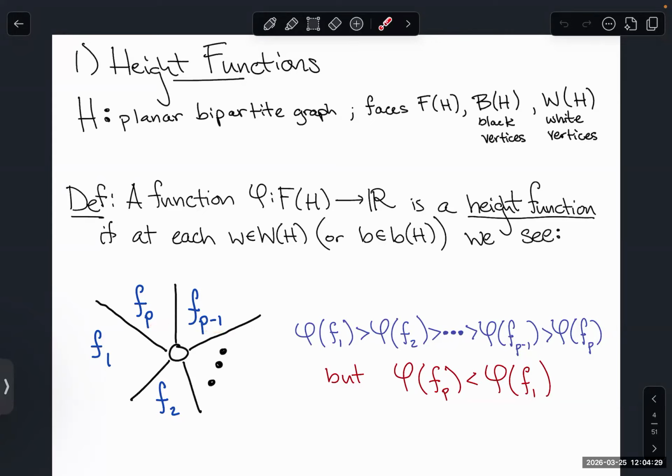But our height function is decreasing as we go counterclockwise about our white vertex. At some point, we're decreasing, decreasing, decreasing, but we get back to where we started. So then we're going to have this natural break where the height function output of f1 is greater than the height function of f_p.